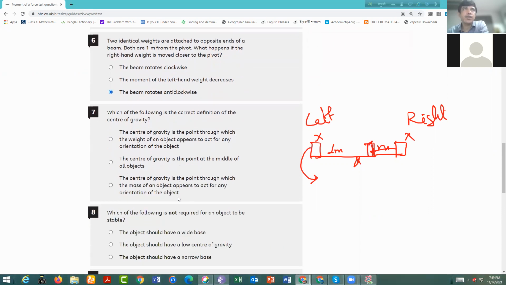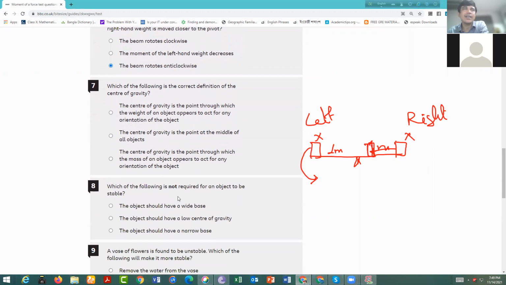Anti-clockwise. Now, which of the following is a correct definition of the center of gravity? You tell me. The center of gravity is the point through which the weight of an object appears to act for any orientation of the object. The center of gravity is the point at the middle of all objects.